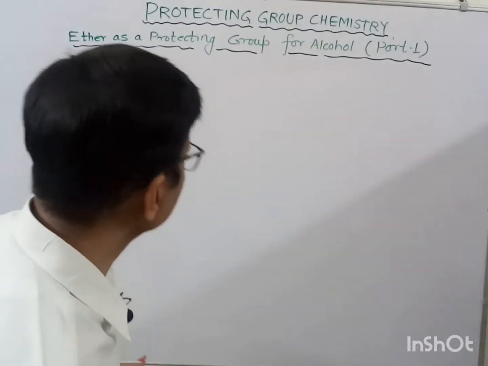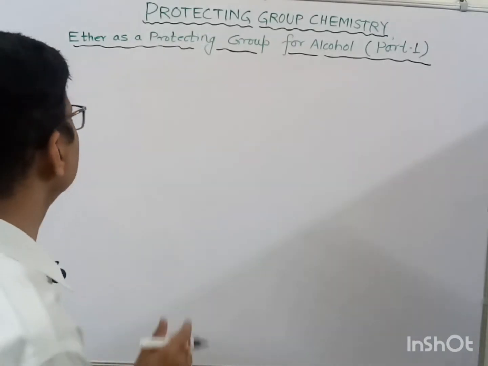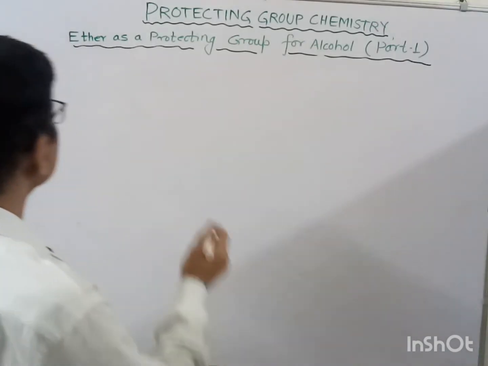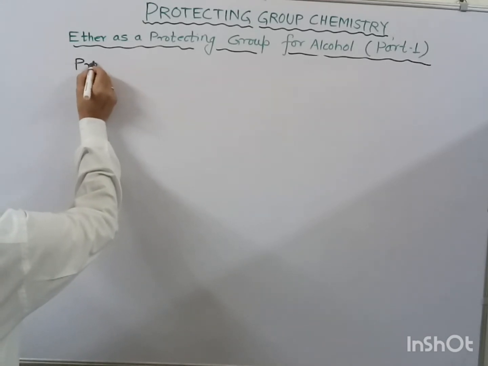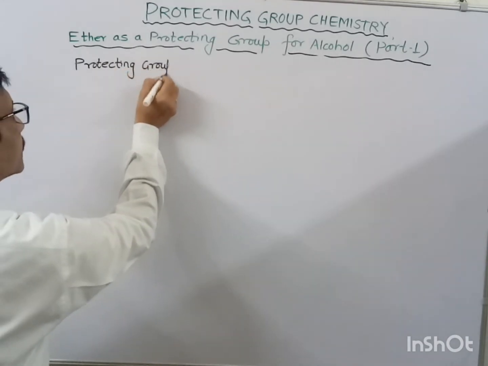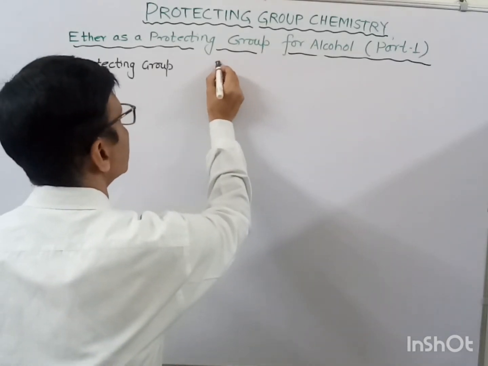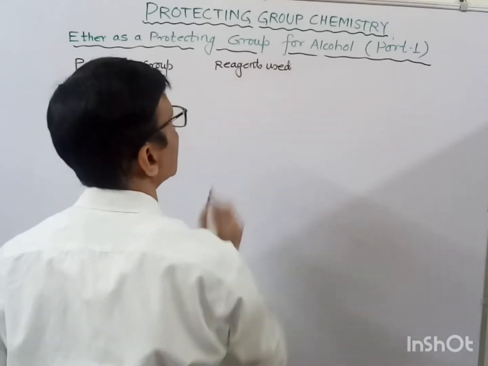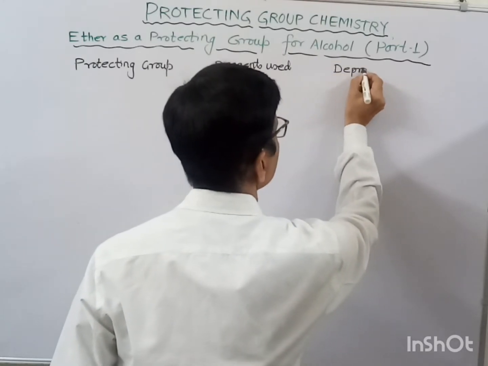Now, let's summarize the various ethers as protecting groups for alcohol. Then I will tell you about their details. First, let me make a table: the protecting groups, the reagents used, and after that the deprotecting agents.